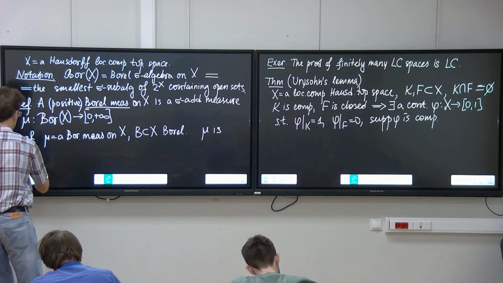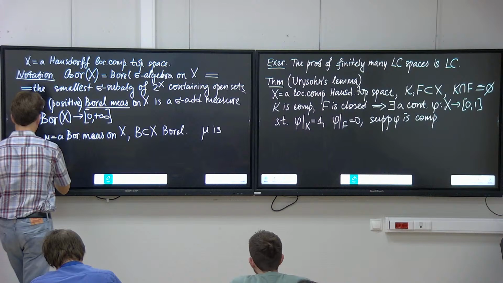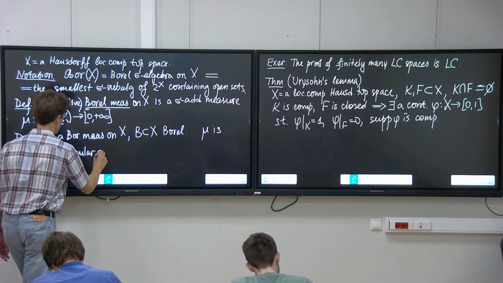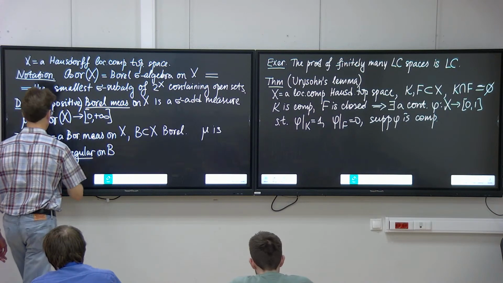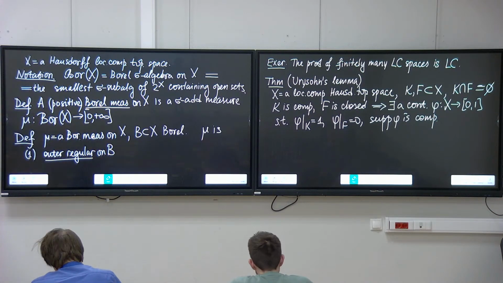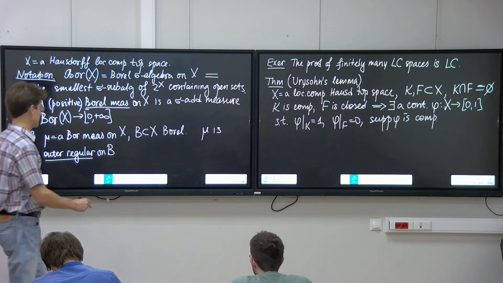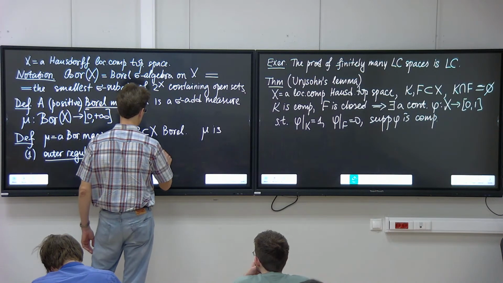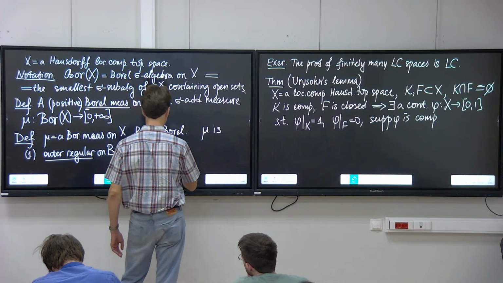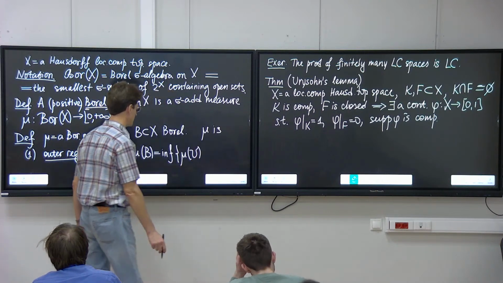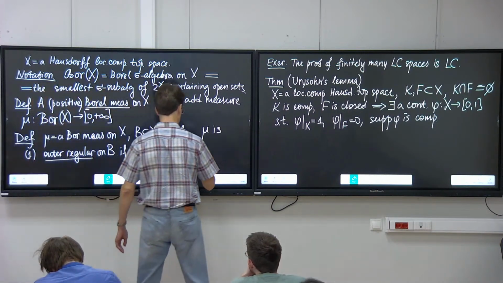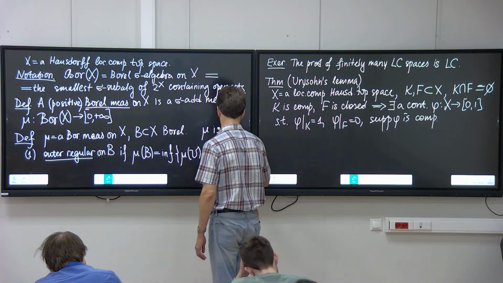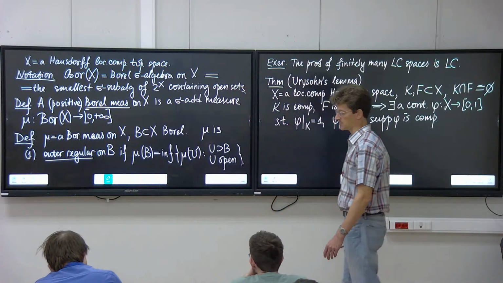Definition one, we say that mu is outer regular on B if we can approximate it from outside by open sets, if mu of B is equal to the infimum of measures of all open sets containing B. In this case, we say that mu is outer regular on B.